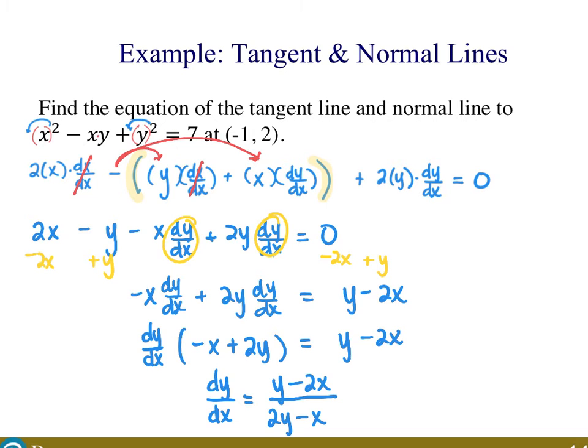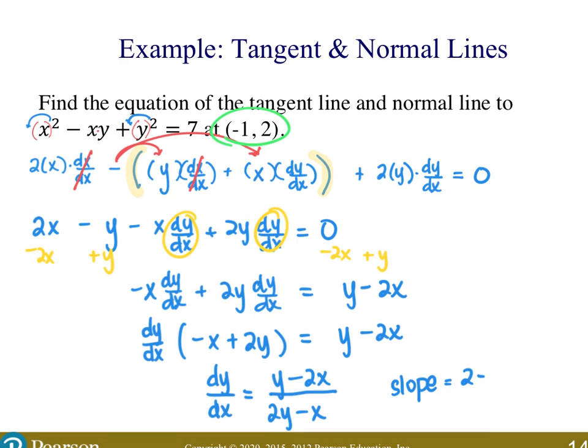But now I want to find the slope. And to find the slope, I'm going to plug in the point value that we were originally given. So I'm going to plug negative 1 and 2 in for x and y. So that'll be 2 minus 2 times negative 1, over 2 times 2 minus negative 1.